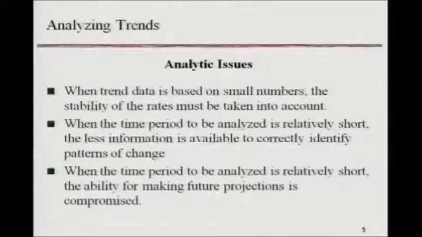So the small numbers issue is really important for trend data. And often when we do look at small geographic areas or small population groups, what it means is that the rates that we're looking at over time are very unstable, meaning, of course, wide confidence intervals, and what you generally see in that context is a lot of fluctuation in the trend.